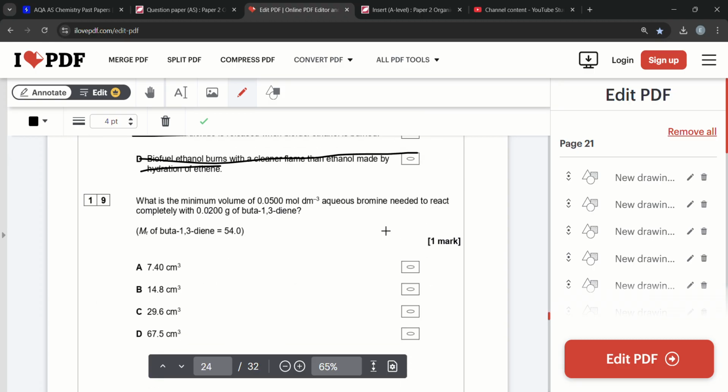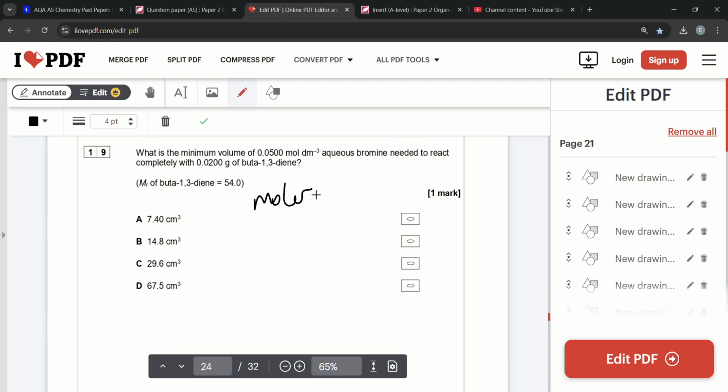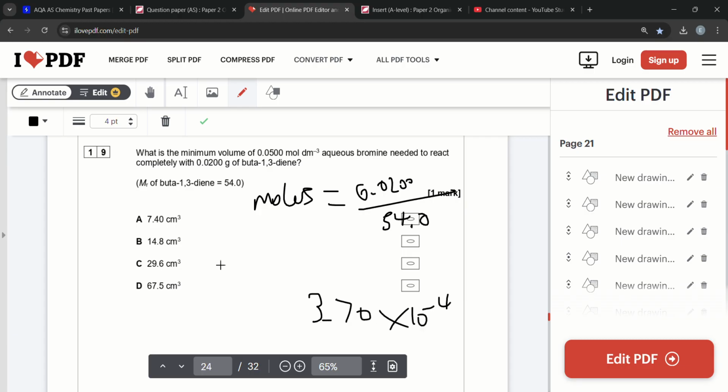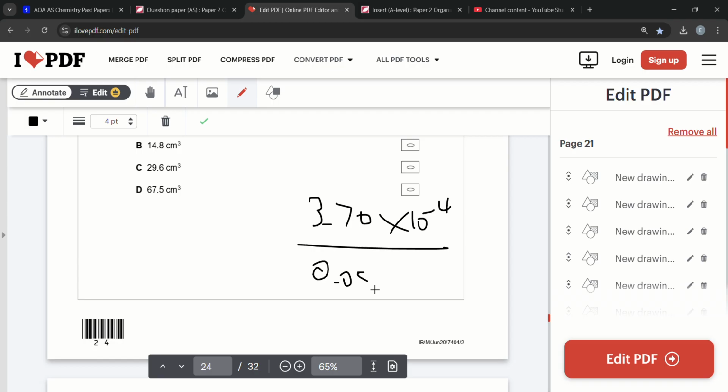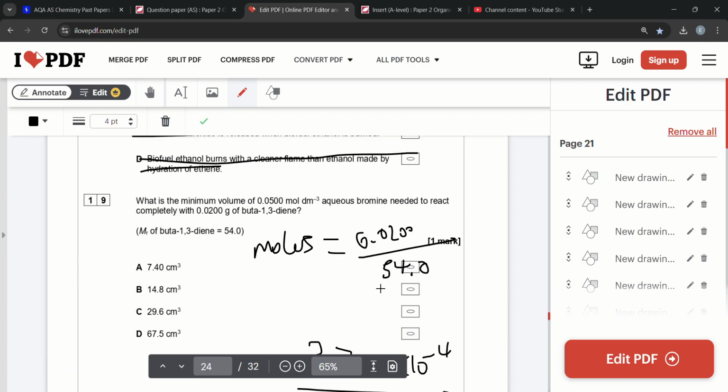What is the minimum volume needed to react with this? Well, we find out the moles. Buta-1,3-diene, 0.0200 g, mass over Mr, and I get 3.70 times 10 to the power minus 4. To find out volume, moles is concentration times volume. Volume is the moles divided by the concentration, 0.0500. My answer divided by 0.0500. But we want it in centimeters cubed. That's the trick.